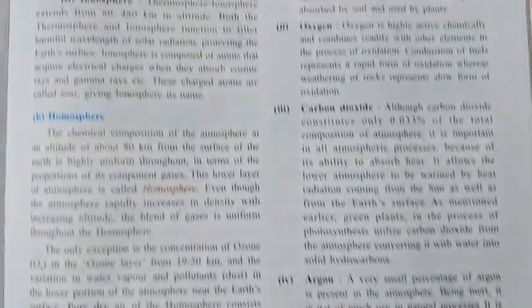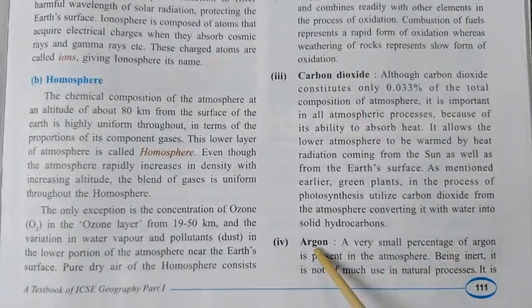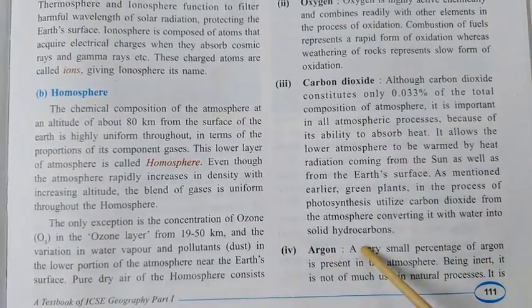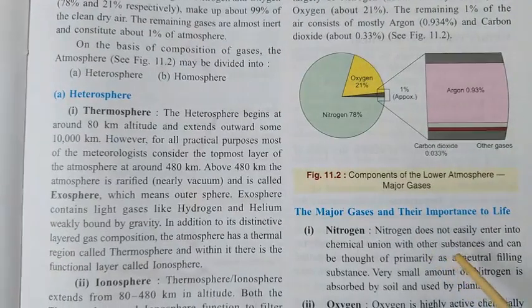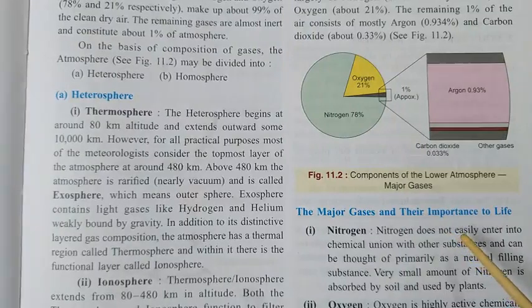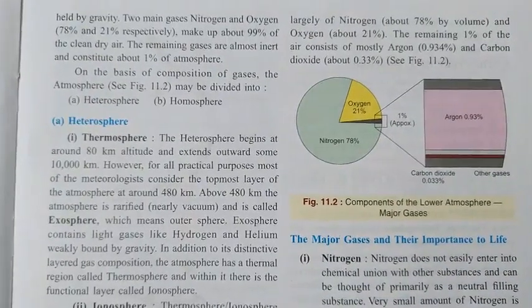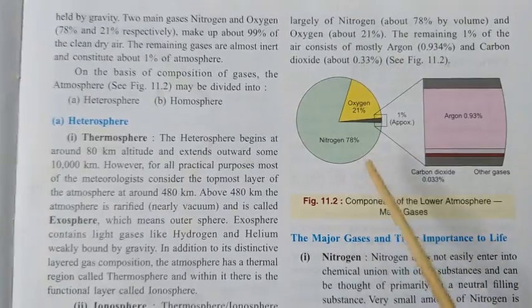And this is how actually these gases, nitrogen, oxygen, carbon dioxide, and the fourth one, argon, are very, very important gases which help in what? They help in the existence of life on the earth. Now here you can find this pie diagram.